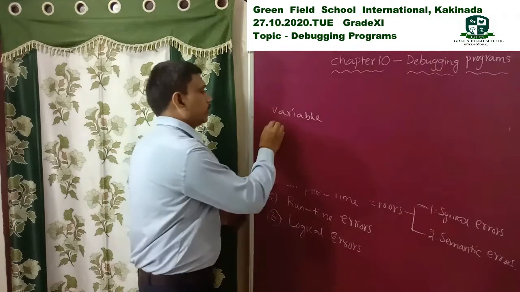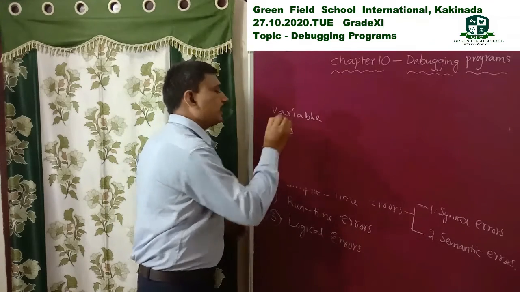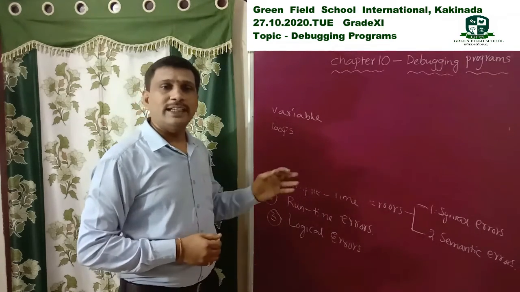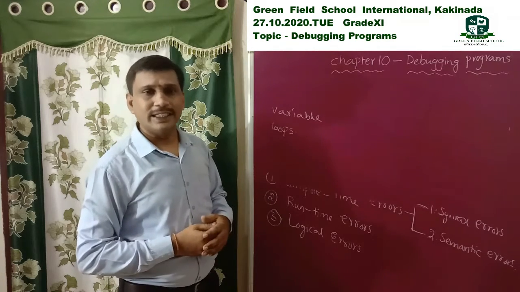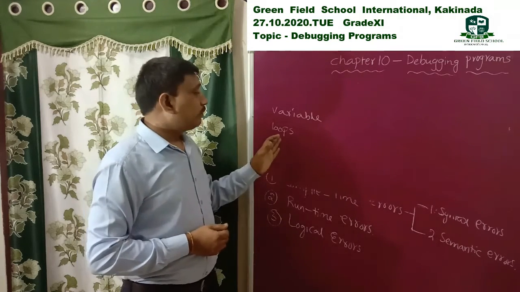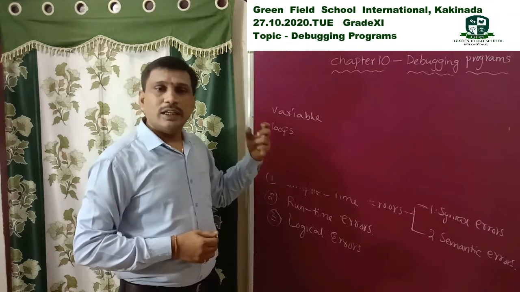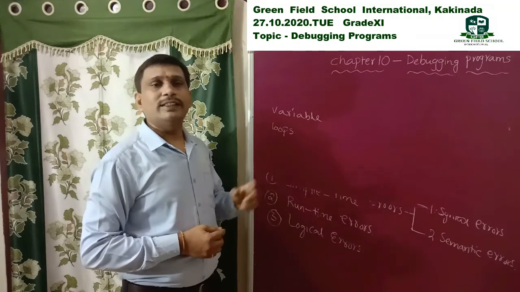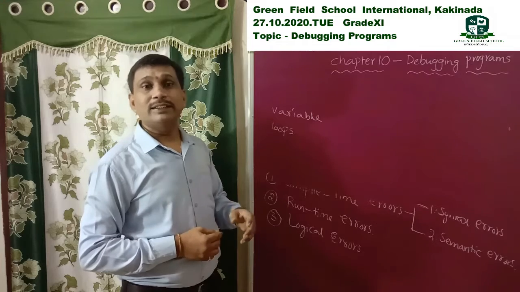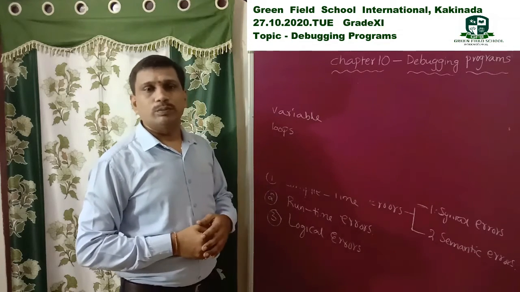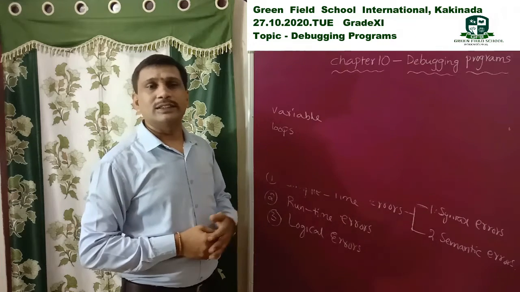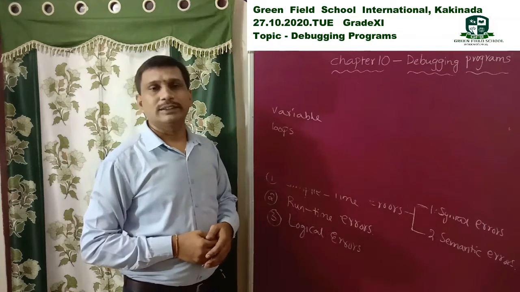Writing loops. When you are writing loops, we write a condition, the loop ending condition. We must define that condition correctly, otherwise it enters into an infinite loop. So an infinite loop occurs because of runtime errors. Why?